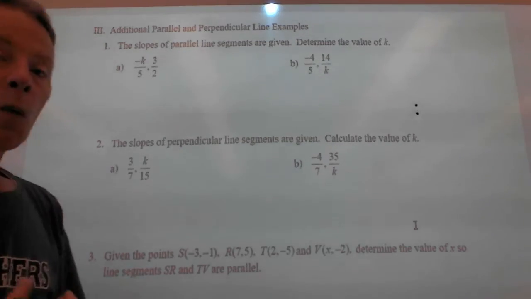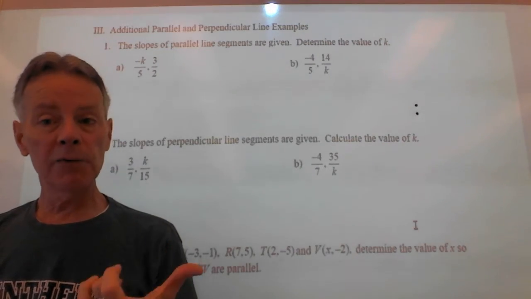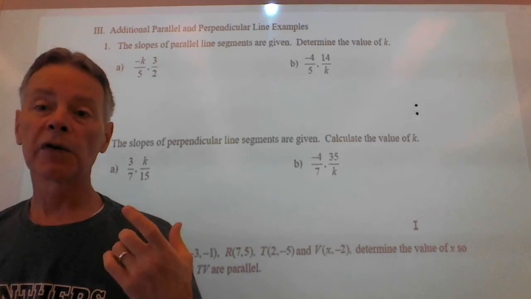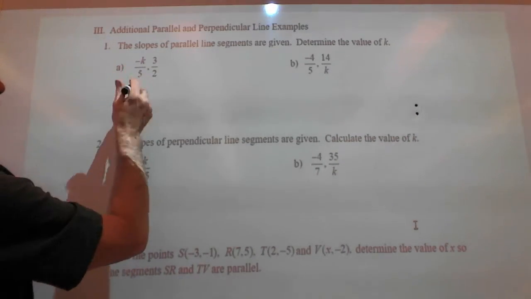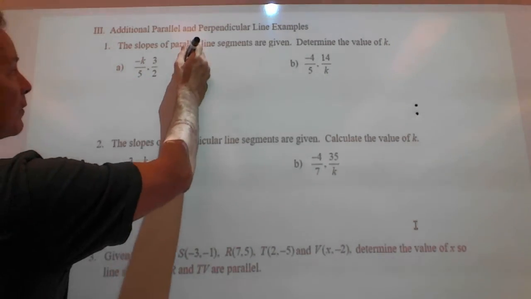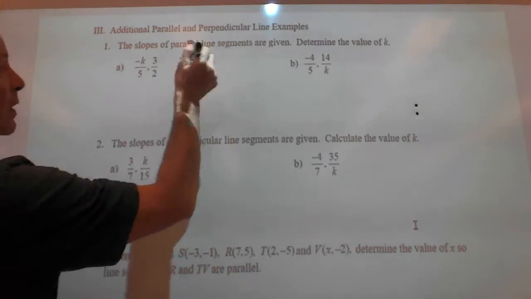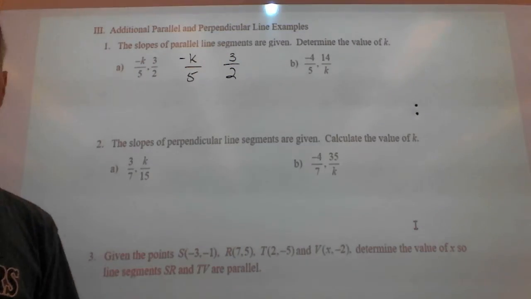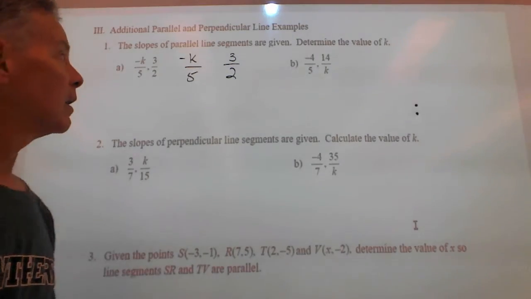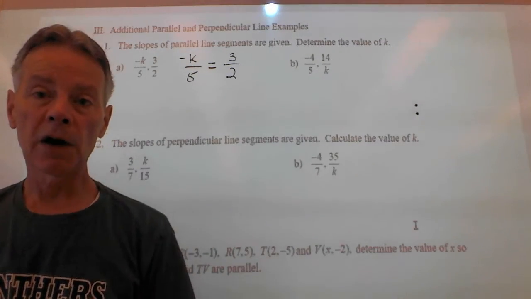Well, what you have to realize then is if you have parallel line segments, their slopes are the same, okay? So that means this line, which has a slope of negative k over 5, and this line, which has a slope of 3 over 2, since they're parallel, they'll be equal, okay?